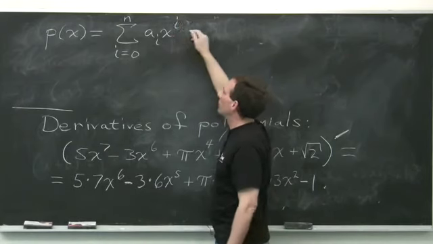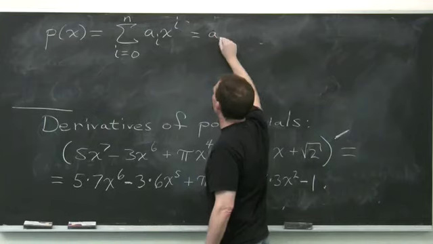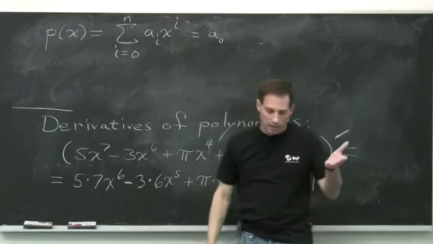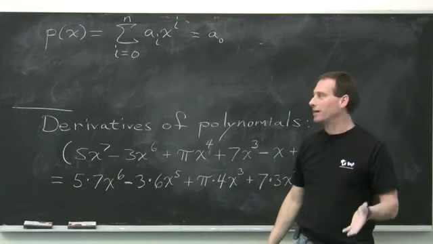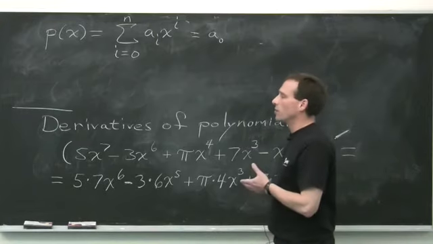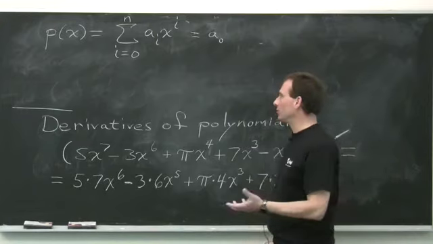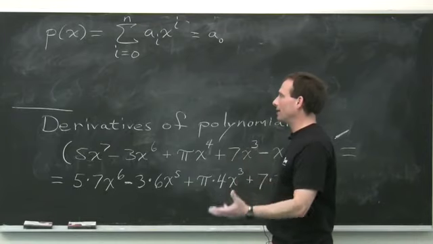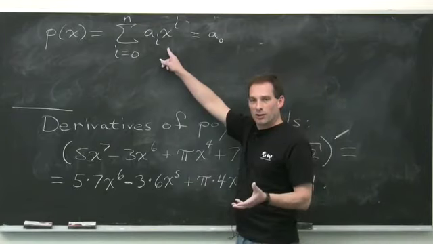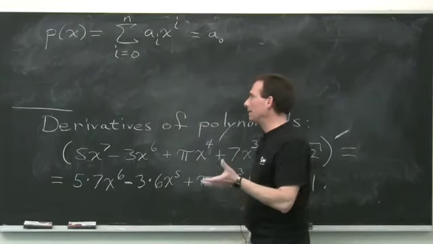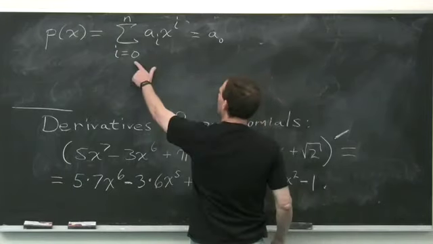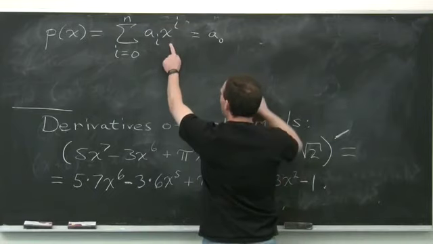You let I be 0, and you get a sub 0, x to the 0. And again, we are assuming that x to the 0 means 1, even if x is 0. We are not claiming 0 to the 0 is defined. It's just handy that it fits into this notation for us to think of x to the 0 as meaning the function that's always 1. So you get a sub 0 times 1.